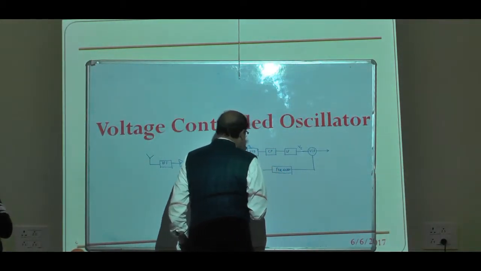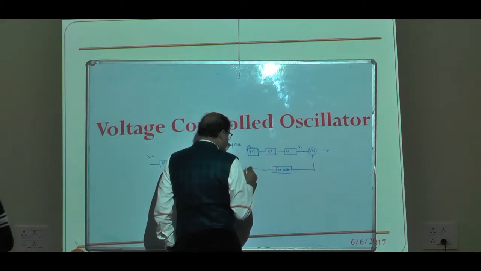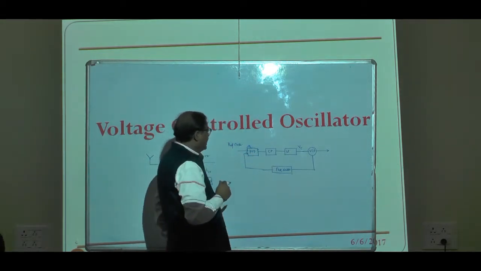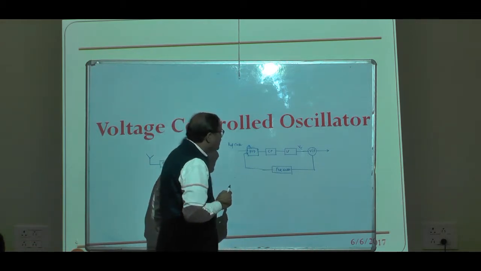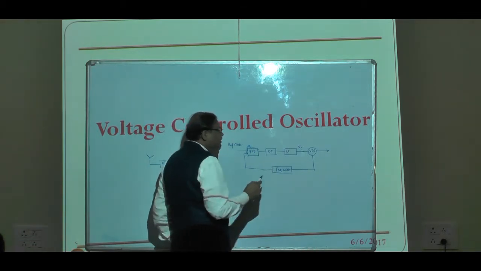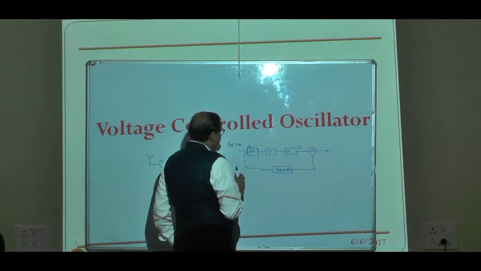And it goes to the PFD. And this frequency divider divides the frequency of the VCO, and it is continuously compared with the reference clock.